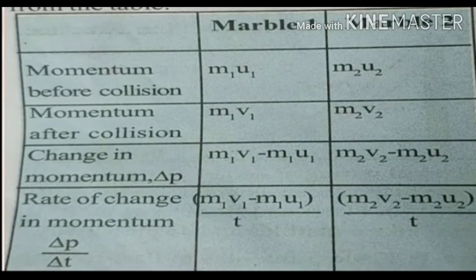Here, according to Newton's third law, the force exerted by two objects will always be the same but in opposite directions. That is what we have learned from Newton's third law.